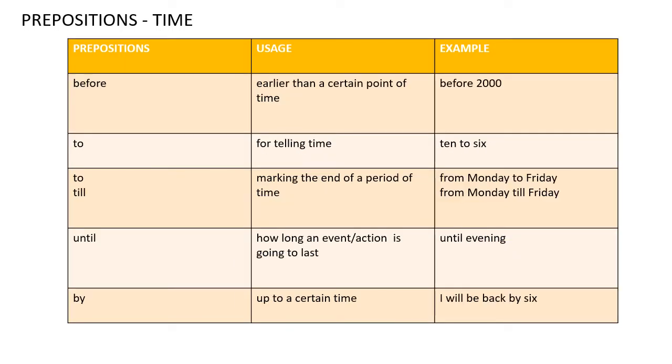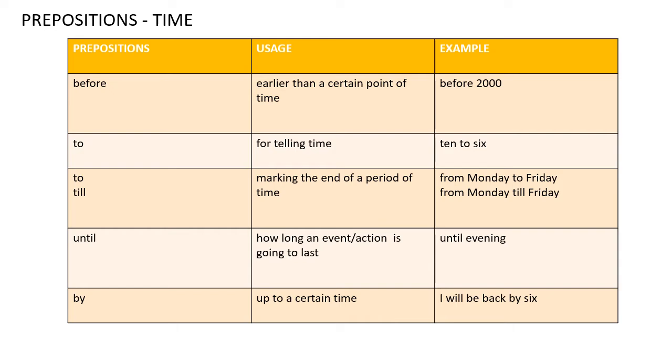Let's see some more prepositions of time. Before. Before is used to indicate earlier than a certain point of time. For example, before 2000 or before 1980s and so on. To is used to tell the time like 10 to 6. To is also used to mark the beginning and end of a period of time, from Monday to Friday.